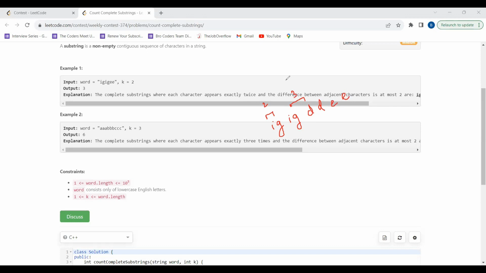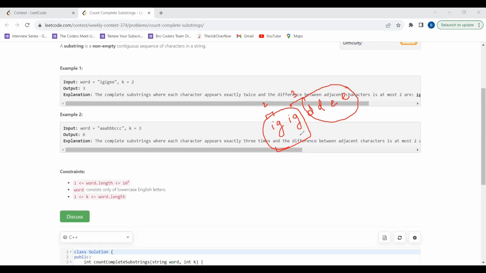No. So can we take any substring in which G and D exist side by side? No. So we can form all possible substrings of this part, and all possible substrings of that part.